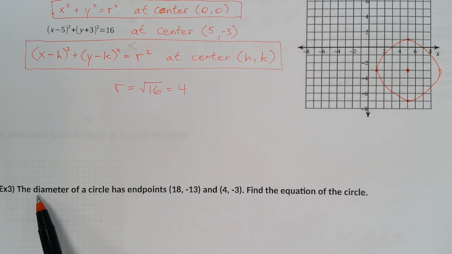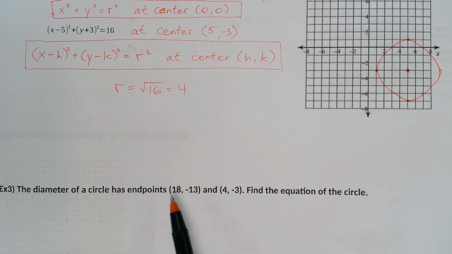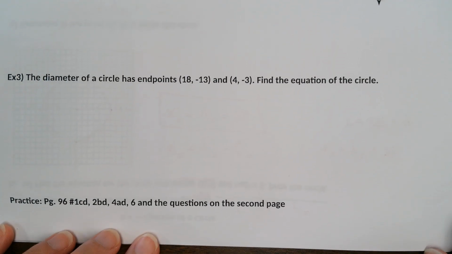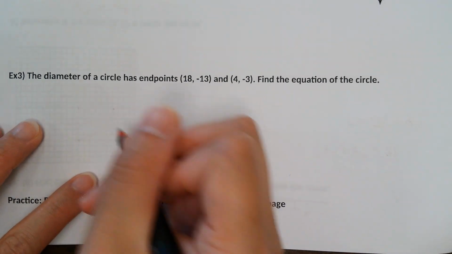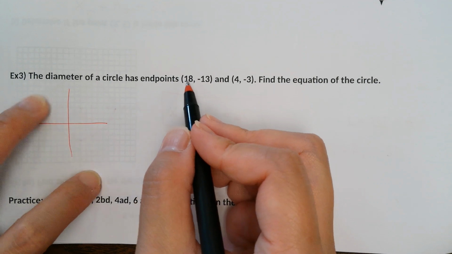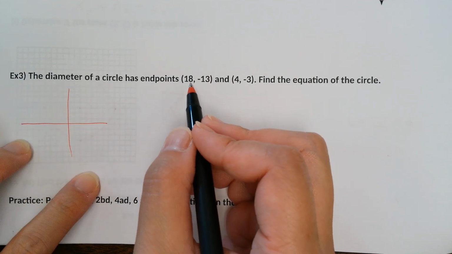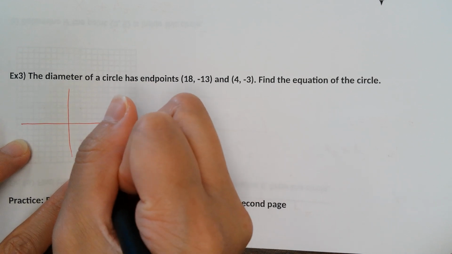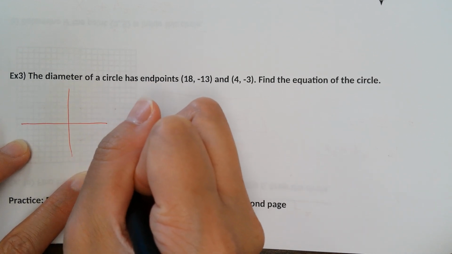Okay. Last example. The diameter of a circle has endpoints 18, negative 13 and 4, negative 3. Find the equation of the circle. Okay, so let's do a quick little sketch first. 18, negative 13, so somewhere down here.